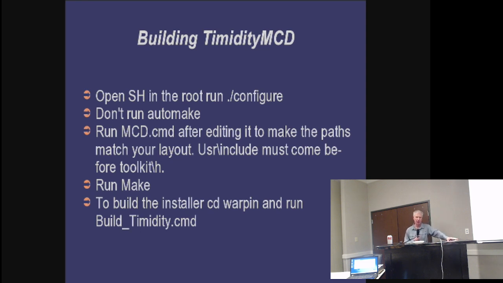And then there's a CMD and MCD. CMD, again, you'll need to edit it for paths to fit your setup. And user include has to come before toolkit H, otherwise you end up getting the wrong OS2H. And then you run make, and then you can build an installer from Warpin.